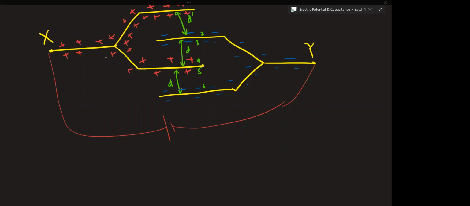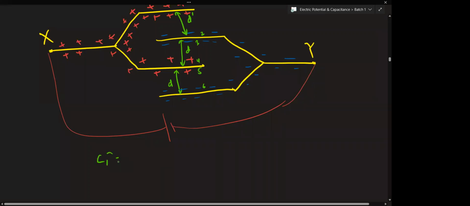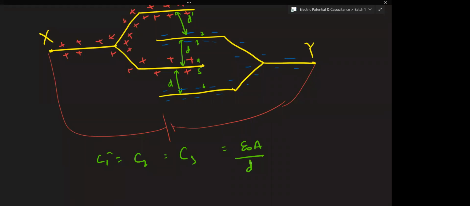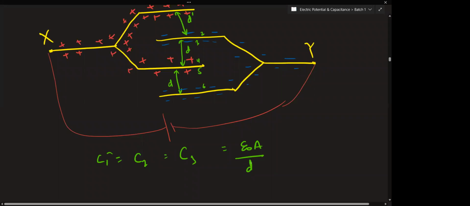So see, C1 will be equal to C2 will be equal to C3, which is equal to epsilon naught A by D, definitely. Now see, when same polarities are connected, that forms your parallel plates, and whenever opposite polarities are connected, that forms your series plates.